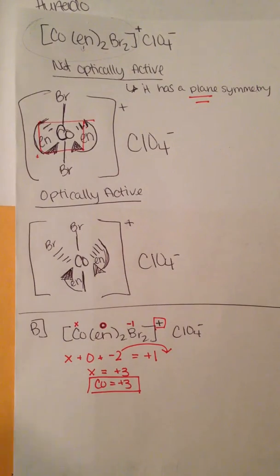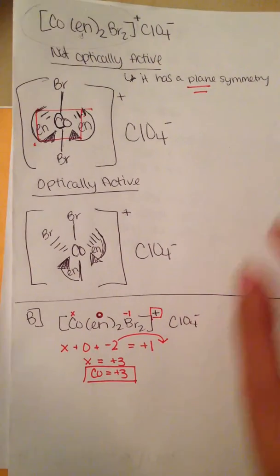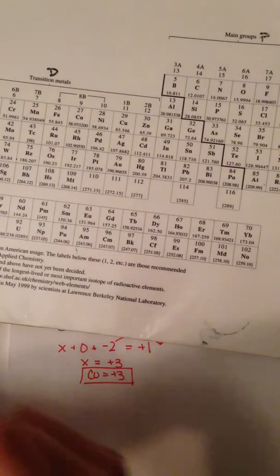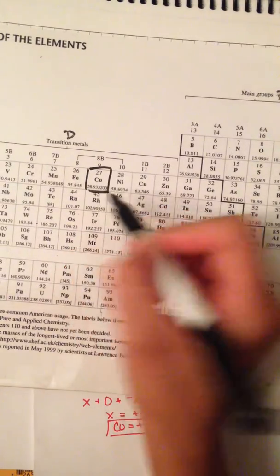And we also want the d electrons. So we're going to do this using a short way. So cobalt is right here, element 27. And we're going to use the shortcut.